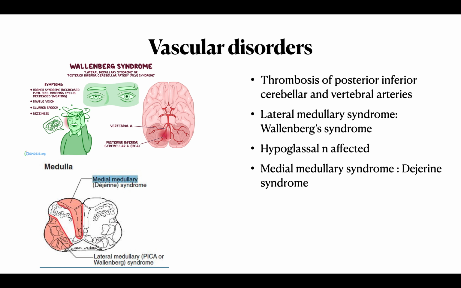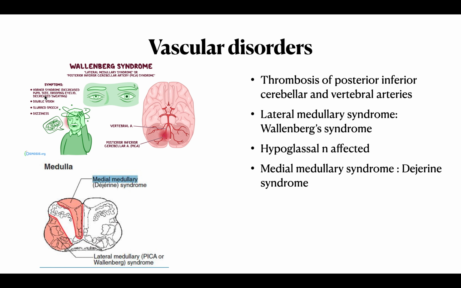Okay, so in the vascular disorder, there's usually a thrombus of the posterior inferior cerebellar and vertebral arteries. In a lateral medullary syndrome, it's going to be Wallenberg's syndrome. So it's going to be a PICA syndrome. Vertebral arteries usually affected. Posterior inferior cerebellar artery is affected.